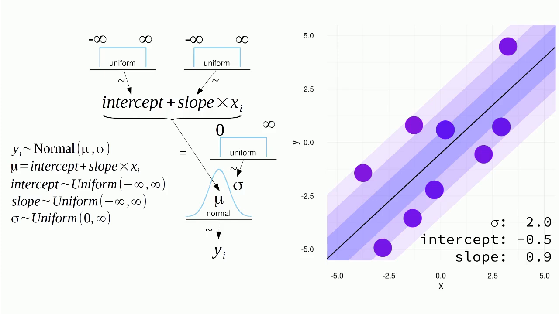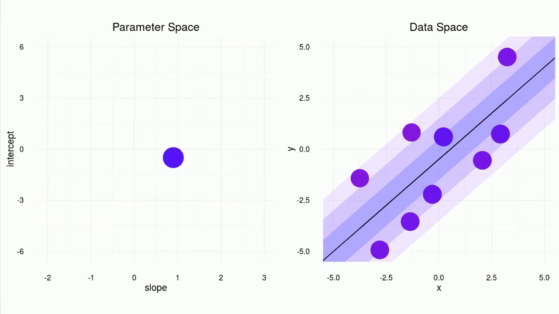But we can also look at the likelihood in parameter space. Holding the standard deviation sigma constant for now, we have two free parameters, the intercept and the slope. And the point on the left shows where we currently are in parameter space, at an intercept of minus 0.5 and a slope of 0.9.